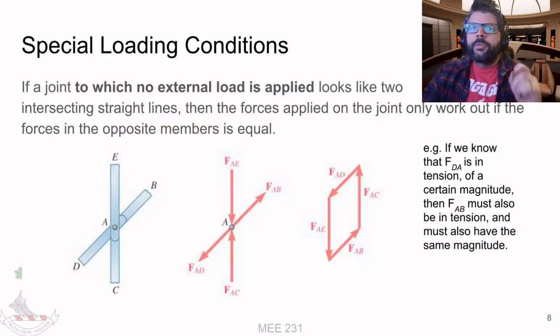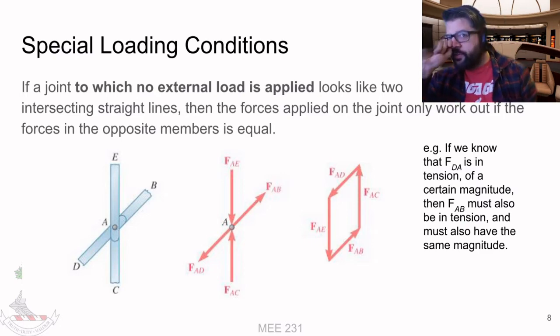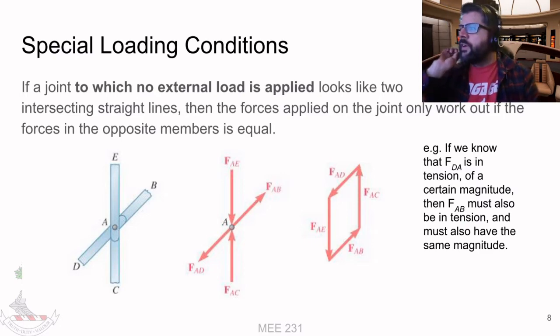So there's a couple of special loading conditions that can occur that help us simplify our analysis a fair amount. The first of them is if we have a joint to which no external load is applied, that's important, and that joint looks like two intersecting straight lines, then the only way that you get the equilibrium to balance out is if the forces in the opposite members are equal.